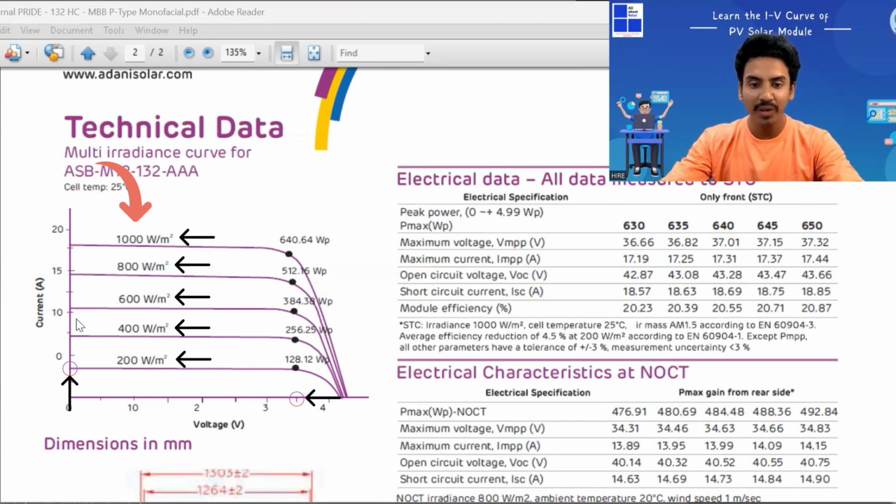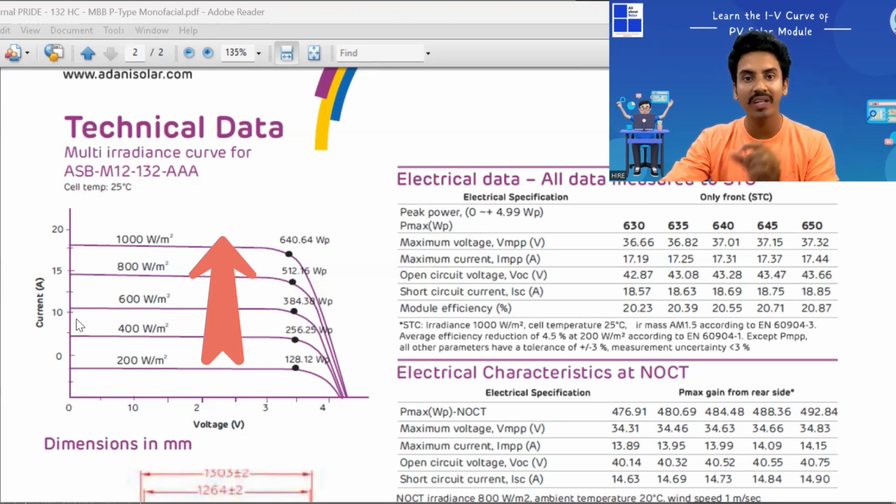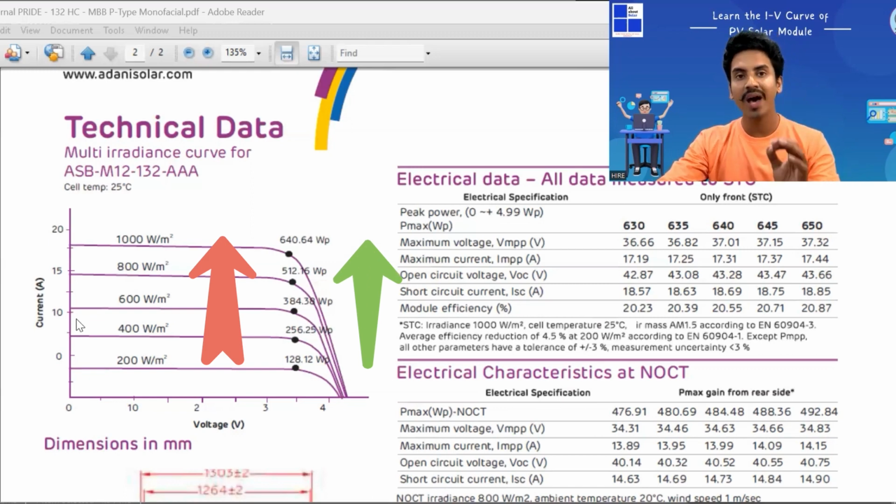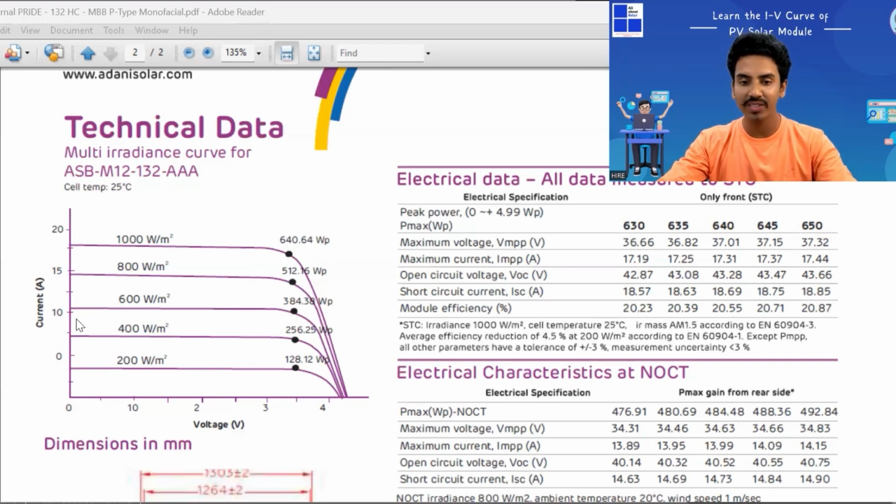Now here you can see at different solar irradiation the power output becomes different. It means that when you have a minimum irradiation like 200 watt per meter square, and the temperature is 25 degrees centigrade, at this temperature and this solar irradiation, the power output you can get is 128.12.